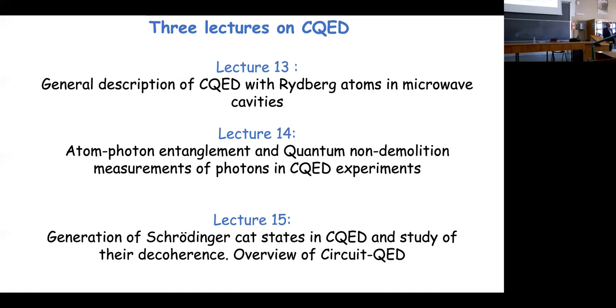Here, it would not be a cat, it would not be dead and alive, but it would be systems in superposition states which we try to get bigger and bigger in order to see how the quantumness of the system is perturbed and how it vanishes when the system increases. So this will be a study in one way of the boundary between the quantum and the classical world.